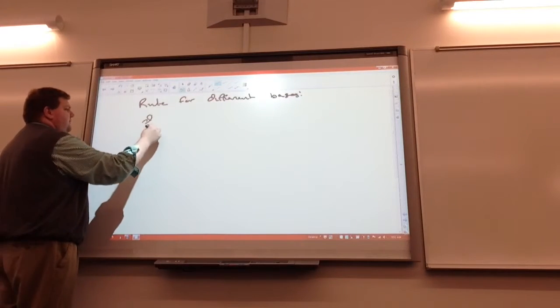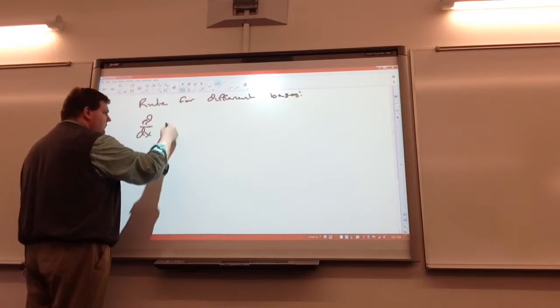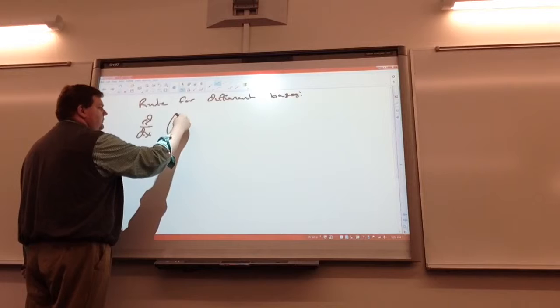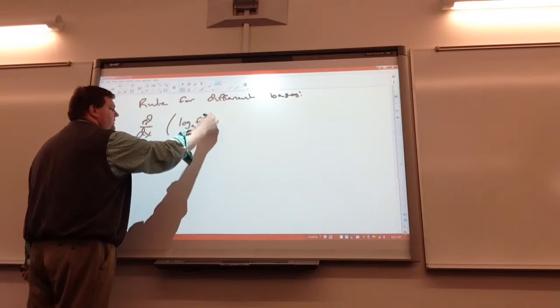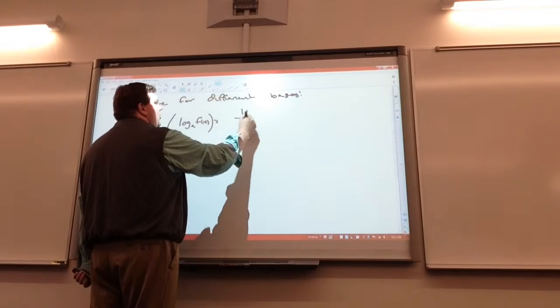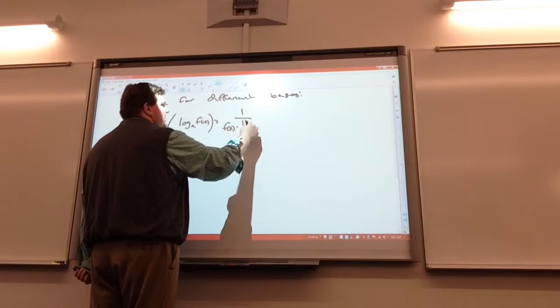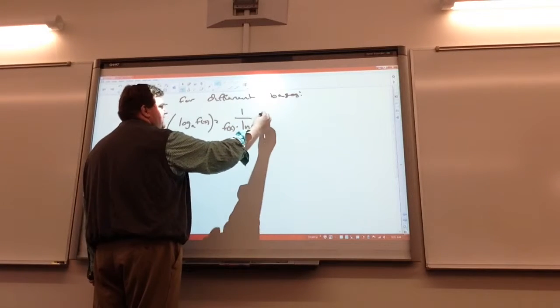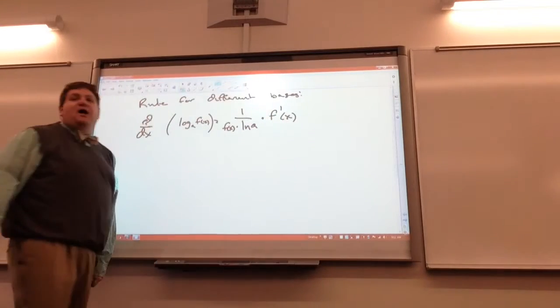The derivative with respect to x of the log base a of f of x is equal to 1 over f of x times the natural log of the base a times f prime of x.